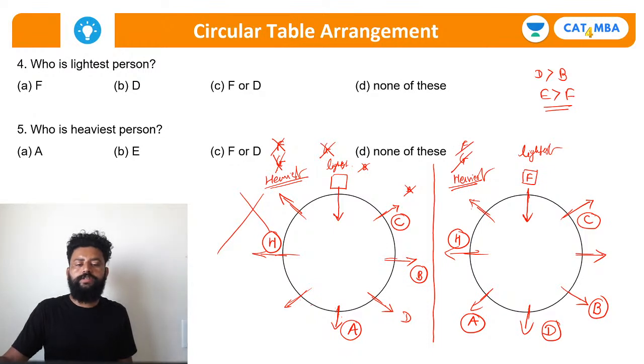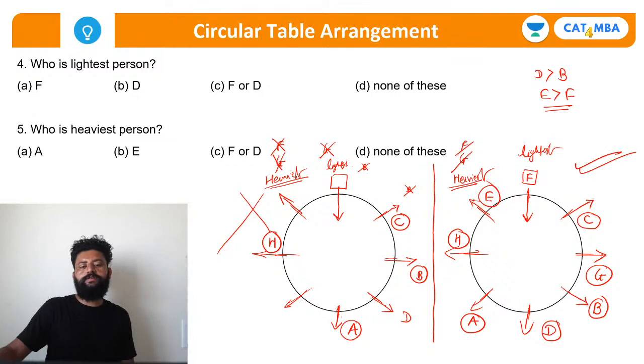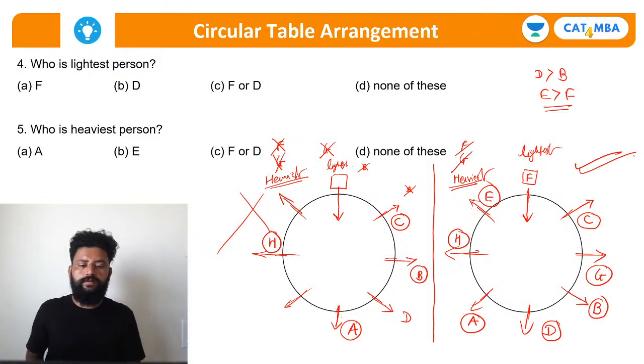F is not the heaviest because E is greater than F. So G is not the heaviest means G is here. We are left with just one person now, out of A, B, C, D, E. Sorry, so E is going to be the heaviest. That's the answer. This possibility gets scrapped.